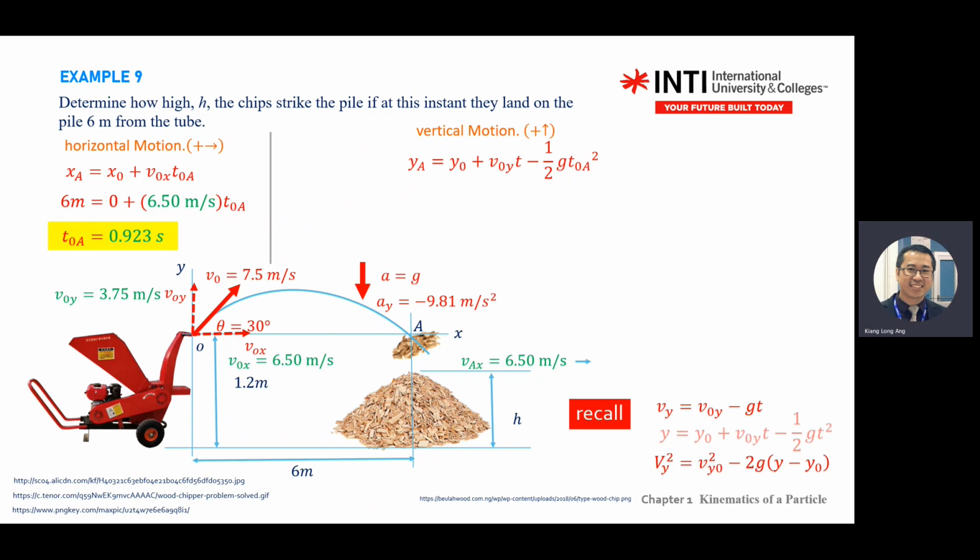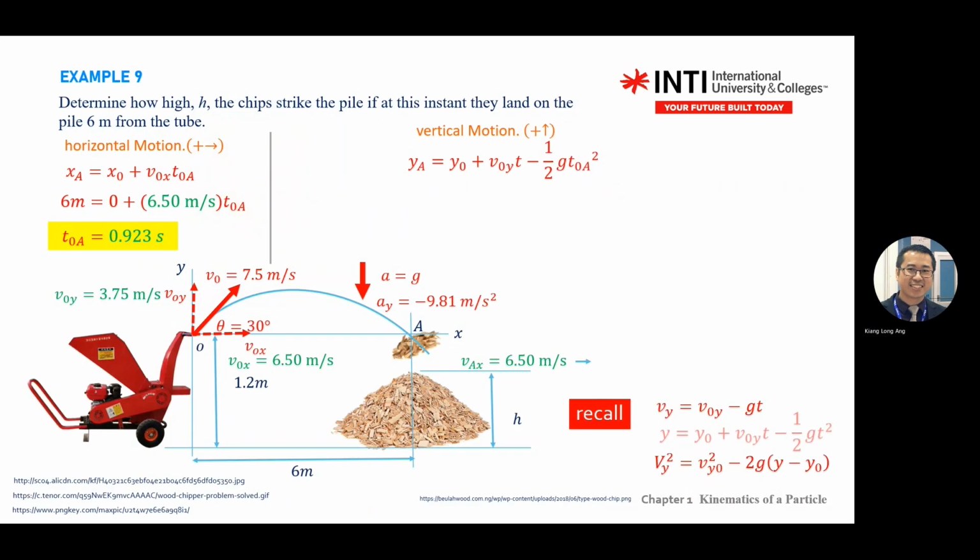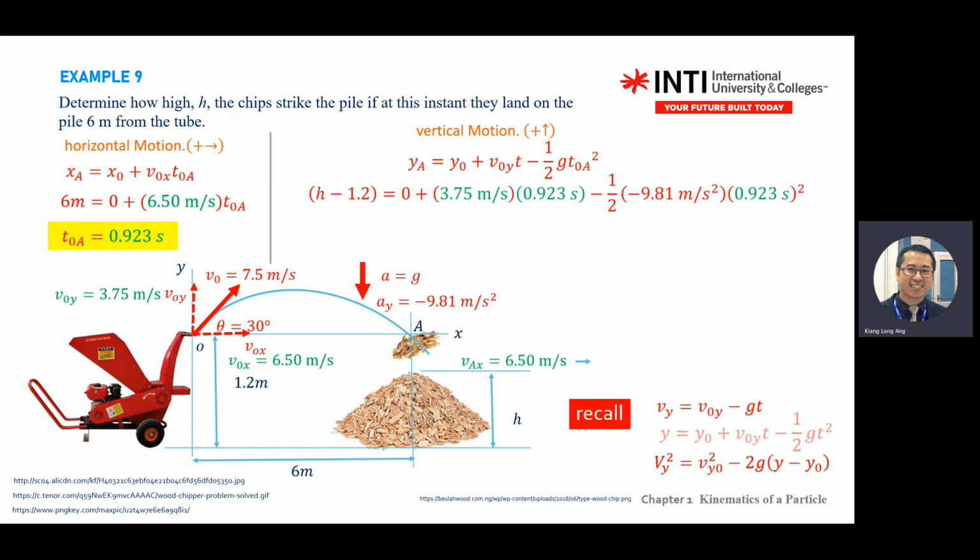A bit complex. So YA is location Y. VY goes down, right? And then G there. So how do you find it? Your YA, which is at this location, you take H minus 1.2. This equation assumes H is higher than 1.2.